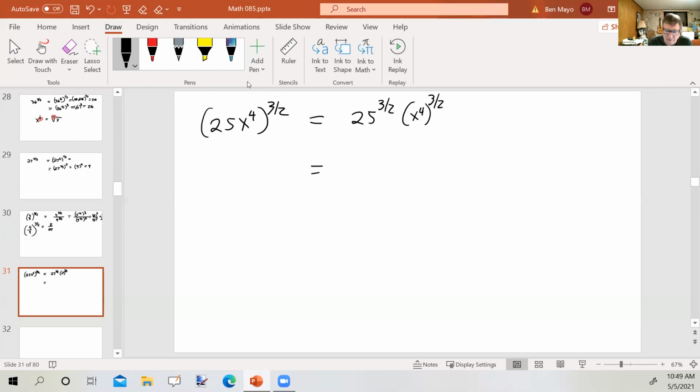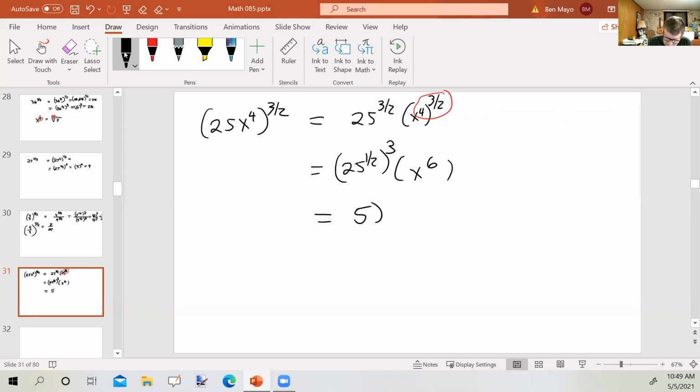25 to the 3/2 power would be 25 to the 1/2 power cubed. x to the 4th to the 3/2 power, we would multiply the exponents. 4 times 3/2 is 12/2 or 6. So this becomes x to the 6th power. 25 to the 1/2 power, or the square root of 25, is 5.